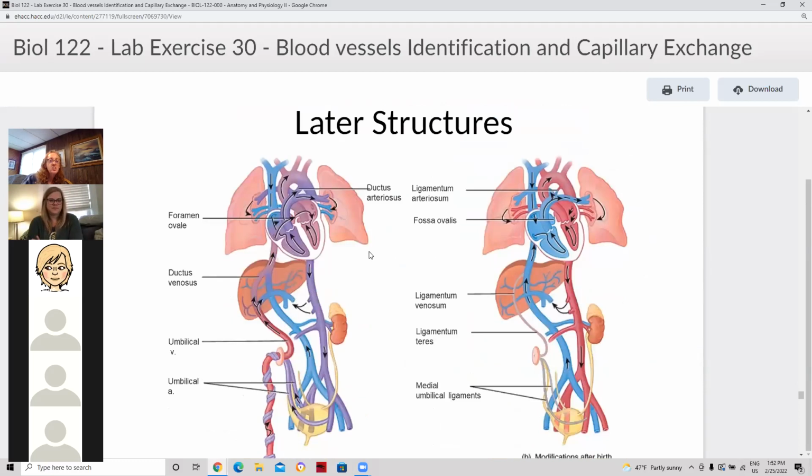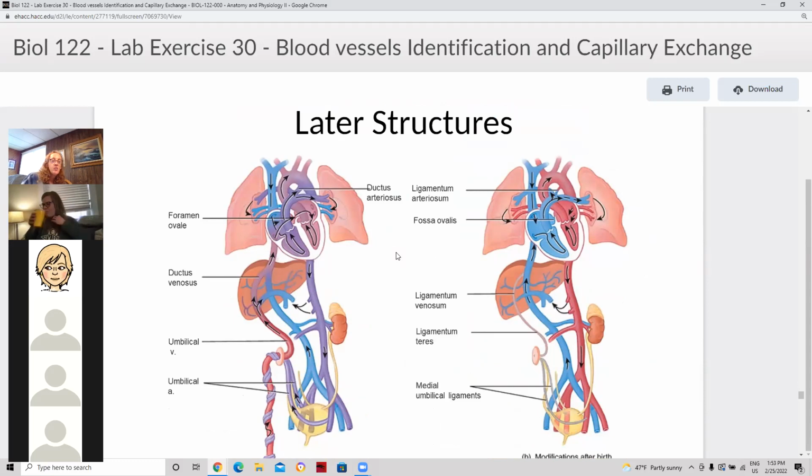This is a figure right from the manual. It's asking you about how fetal circulation and some structures change after birth.